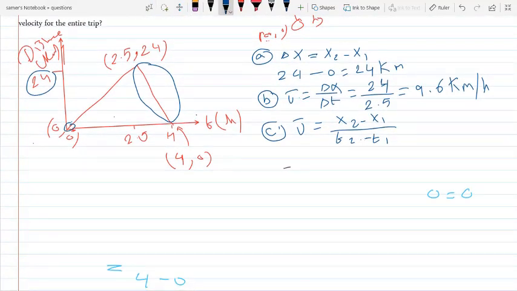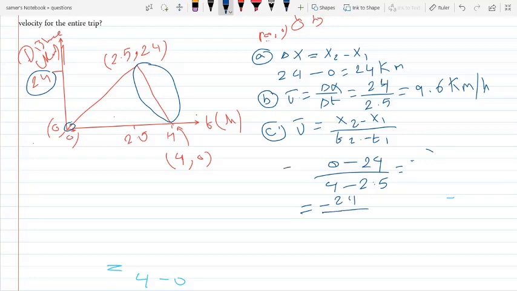Here x2 is 0 and x1 is 24, t2 is 4 and t1 is 2.5, so this is minus 24 over 1.5, and this is equal to minus 16 kilometers per hour.